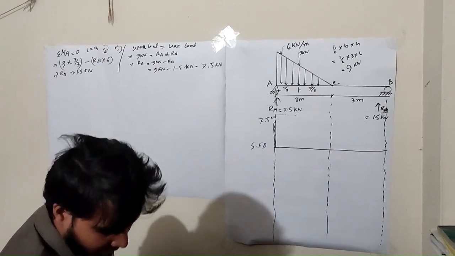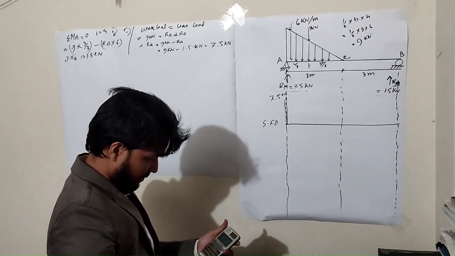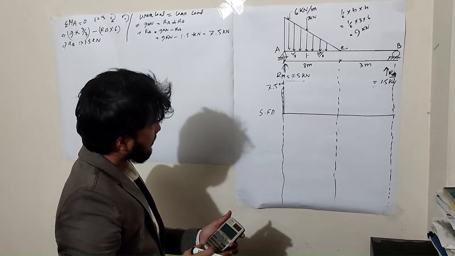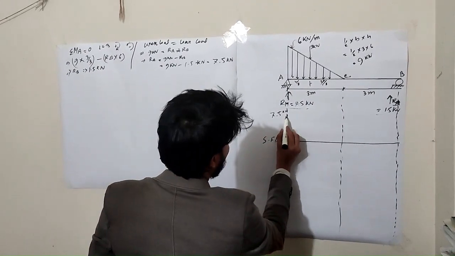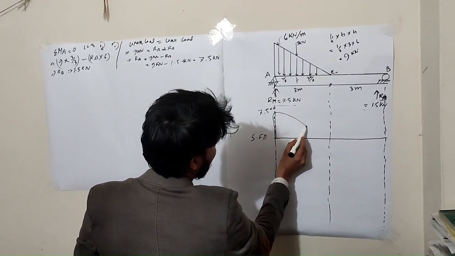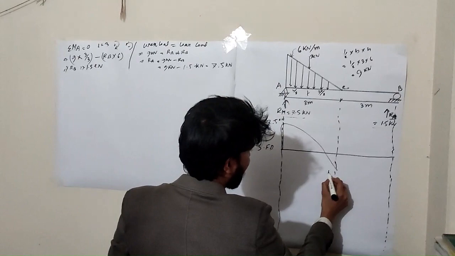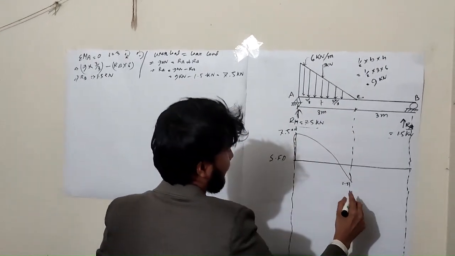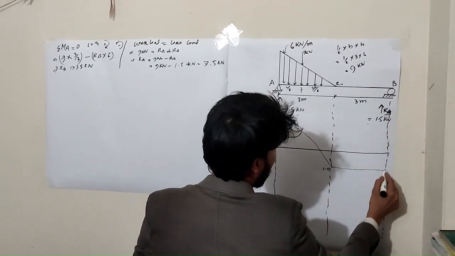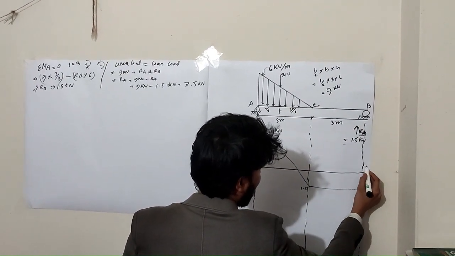So 9 minus 7.5 is 1.5. So here is the triangular section, and the SFD is a curve. So here is 1.5, and there is no point load, so this is going, then at RB it is 1.5 minus the upward load, so 0.